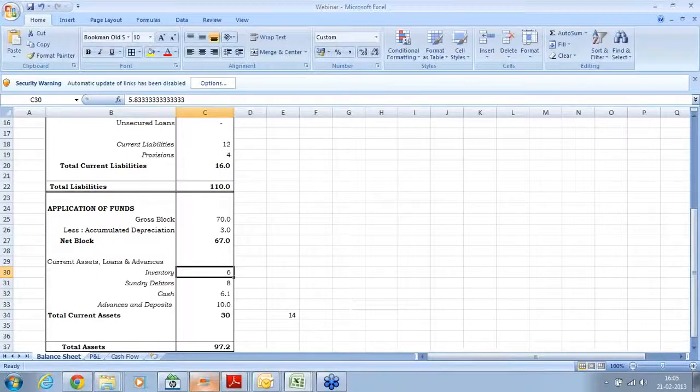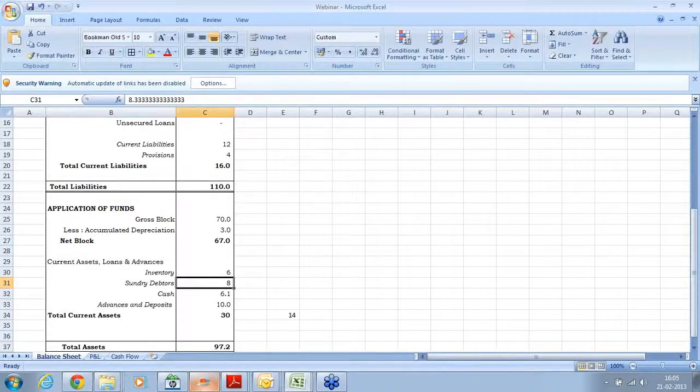That is, if you invest in inventory, in 1 month's time you're able to sell it. There are specific ratios for that. I'll show it if there is another opportunity to talk to you, but just keep this in mind. And with sundry debtors, you're able to show that you give 1 month's credit period and you're able to collect your cash.